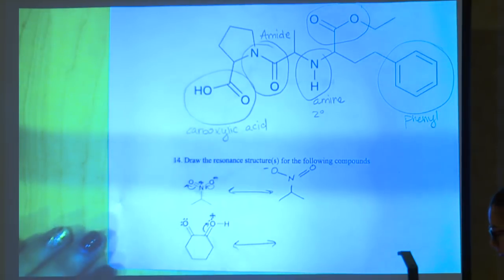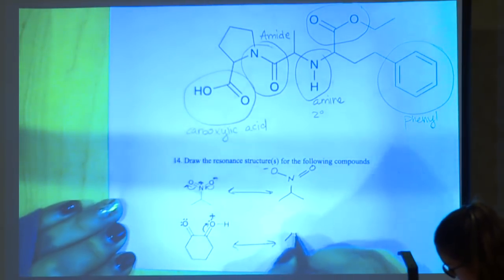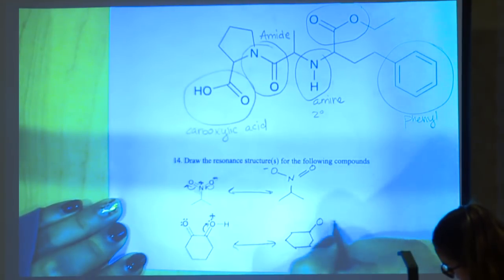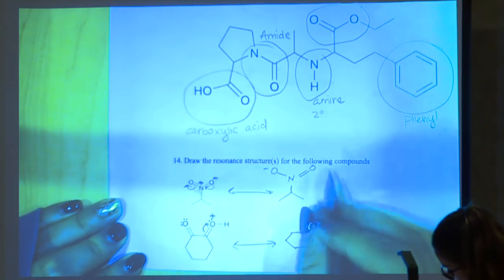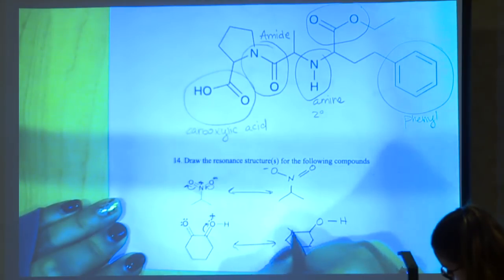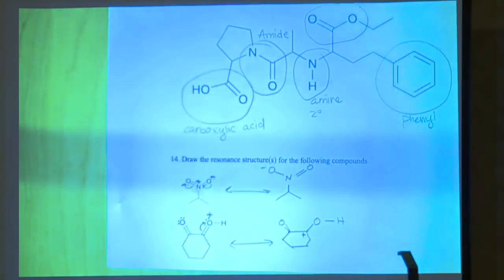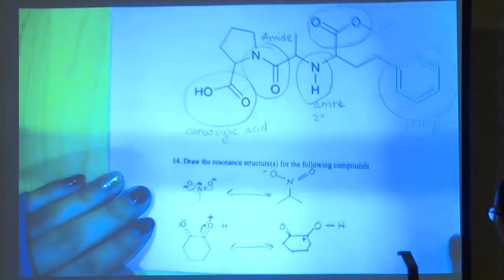We only have to do one curved arrow. So now we have, make sense? Our carbon likes that positive charge a little more than the oxygen, right? Good. Any questions on that?